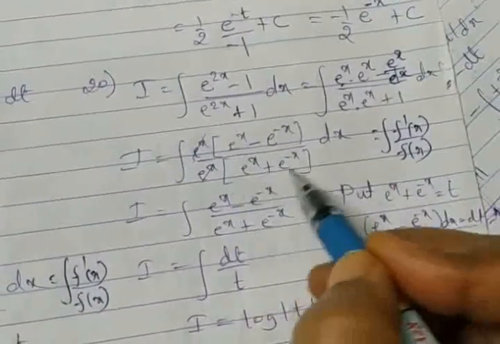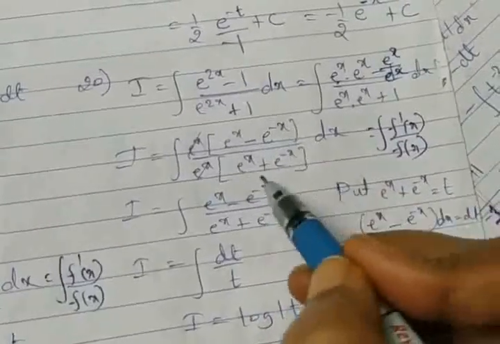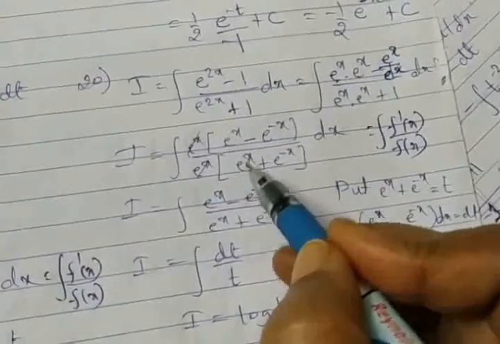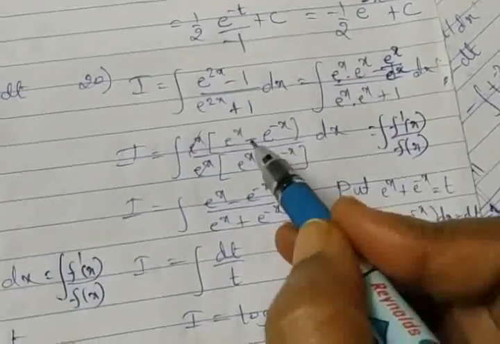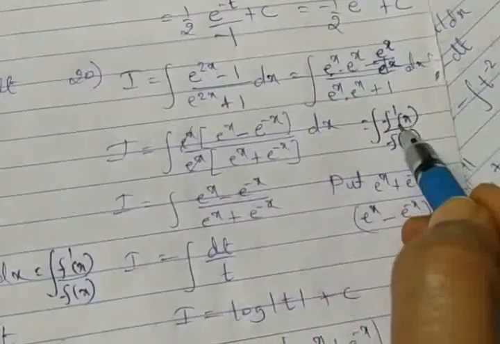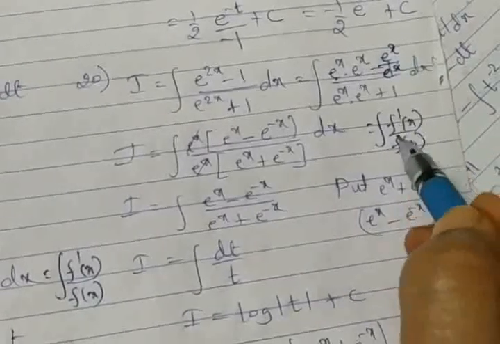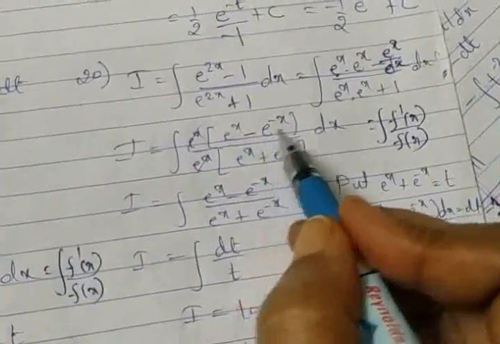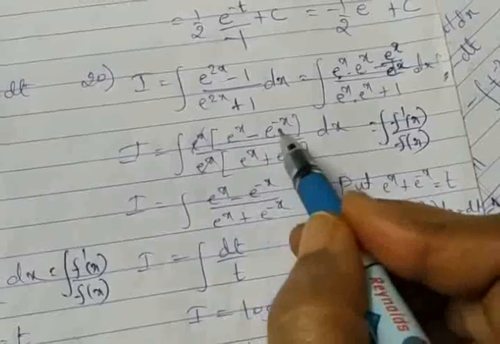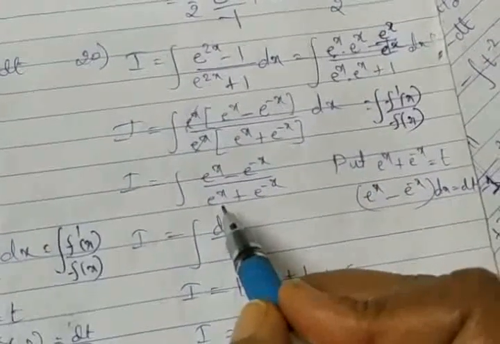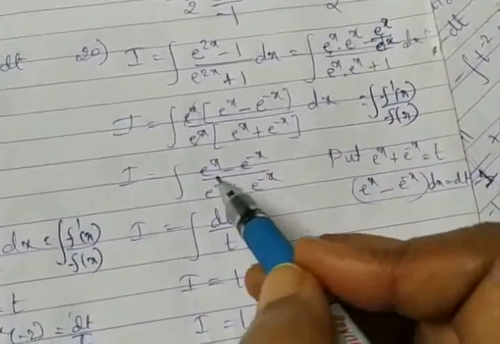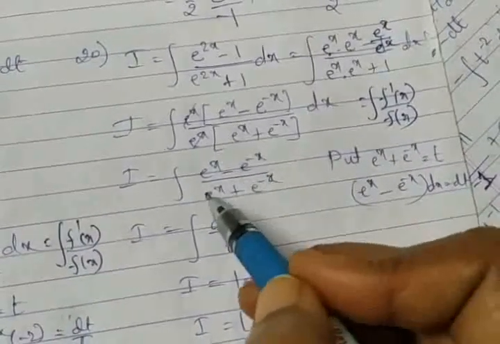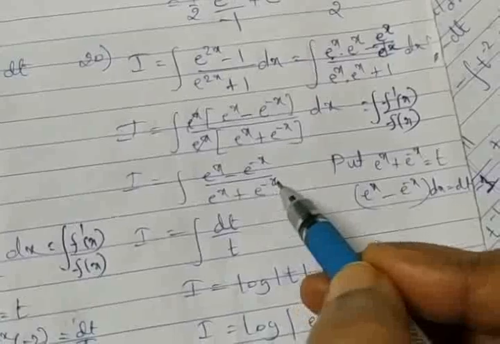Okay, and this situation is the required one, where the differentiation of e raised to x is e raised to x, and the differentiation of e raised to minus x is minus e raised to minus x, which fulfills the f dash of x upon f of x case. So once we find this situation, the same step I consider, by eliminating e raised to x: integration of e raised to x minus e raised to minus x whole divided by e raised to x plus e raised to minus x.